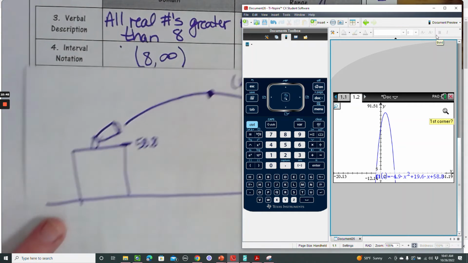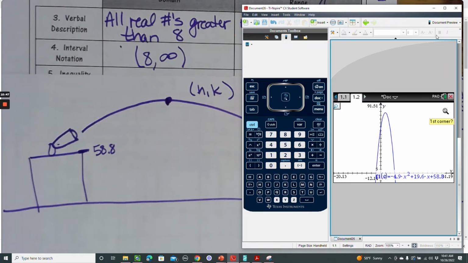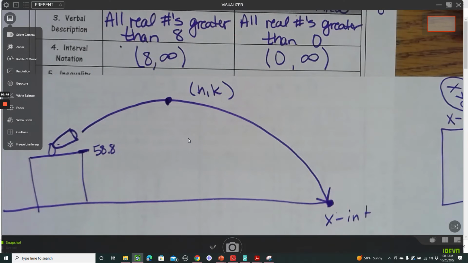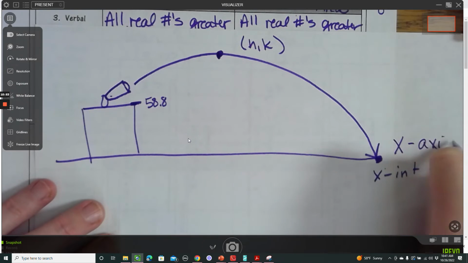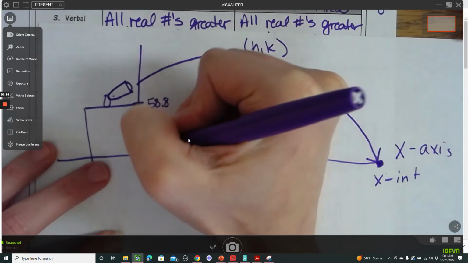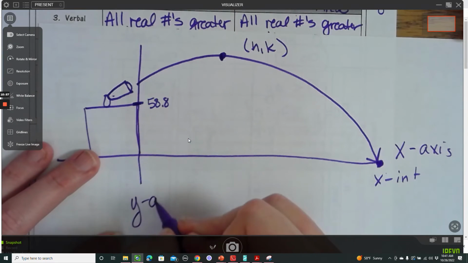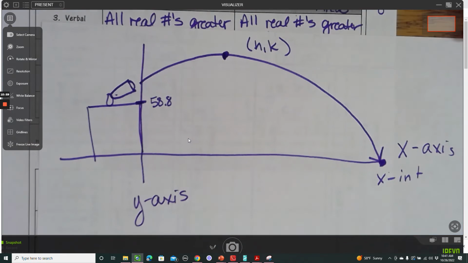All right, so going off the picture that I drew, this is my x-axis, and then this would be my y-axis. For this scenario, what's the lowest x value I can have?